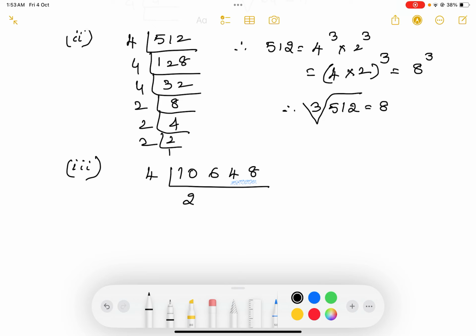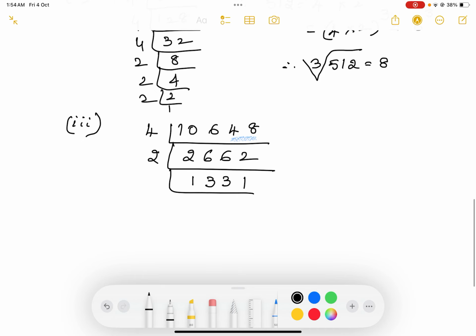So 4 twos are 8, 26, 4 sixes are 24, 4 sixes are 24, 4 twos are 8. Again 2 times 1 is 3, 3 and 1. Now it is divisible by 11, right? 11 ones and there is 23, 11 twos are 22, the remainder is 1.